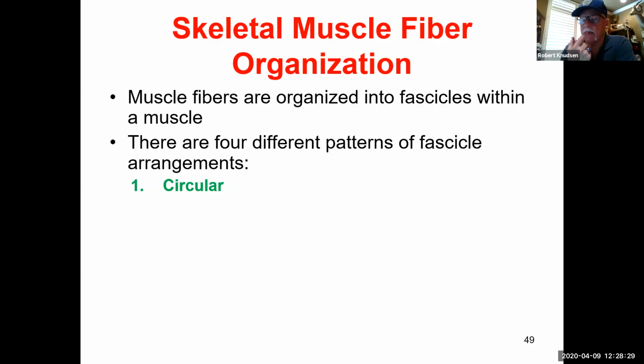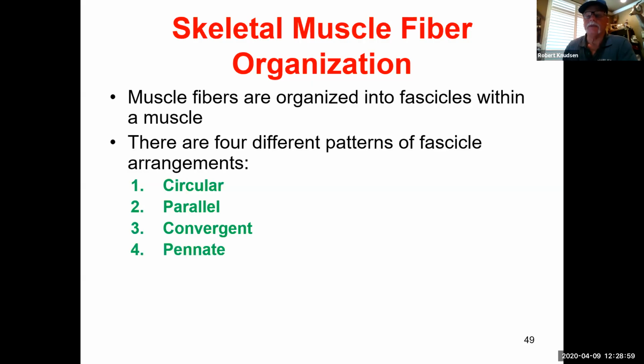So you can have circular, you can have parallel, like rectus abdominis and rectus femoris, the part of the quadriceps right in the front of your leg. They can be convergent, like your pectoralis. It starts here, and when it moves over to your humerus, it forms kind of a triangle. That's called convergent. And then pinnate.